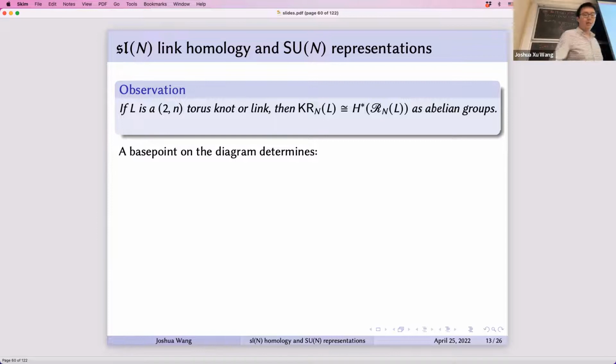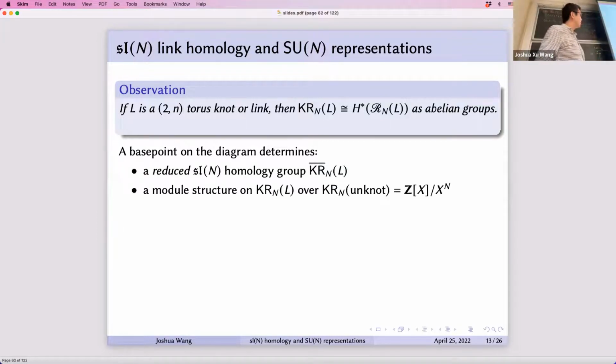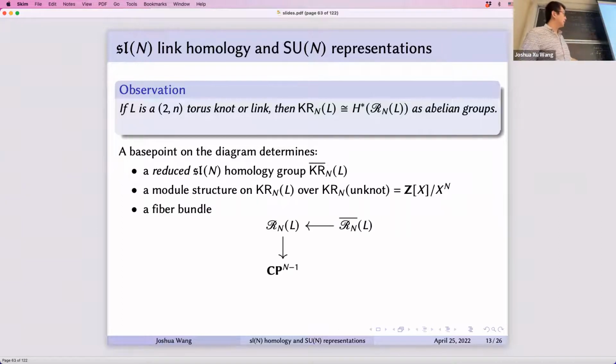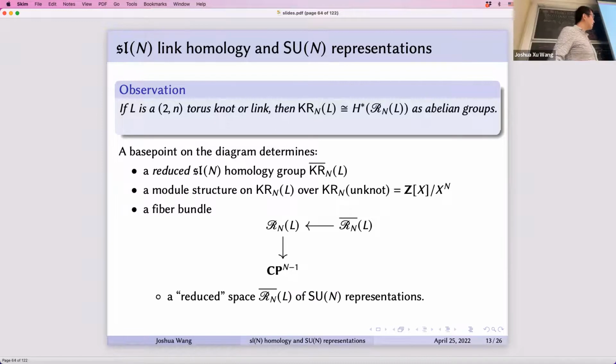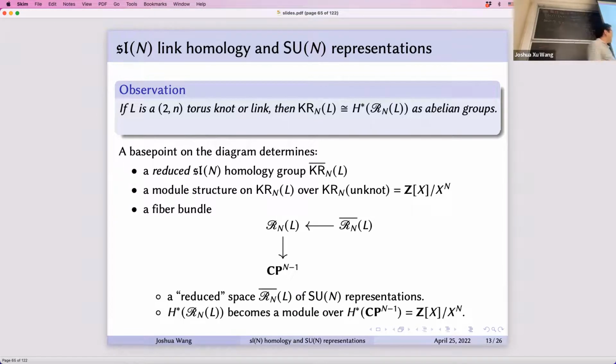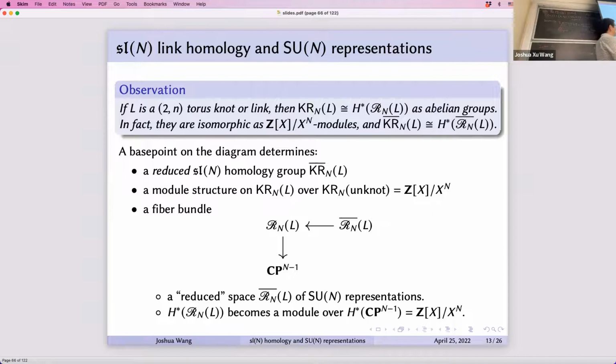If you've got a base point on the diagram, there's a reduced sl(N) homology group and a module structure on sl(N) homology. It's a module over Z[x]/(x^n). And then on the representation side, you get a fiber bundle, the same as before, defining a reduced space of SU(N) representations and a module structure on the cohomology of the representation space. And all of these just nicely match up for (2,n) torus links.